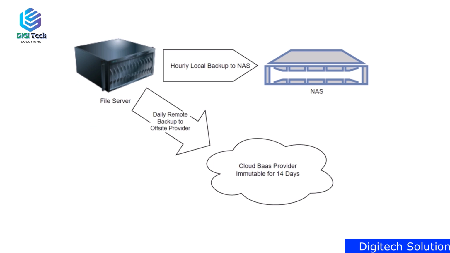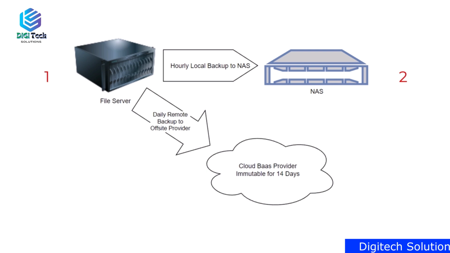You have a network attached storage device in your office, both connected to the same network, and every hour you're running some sort of backup software that copies the backups onto the NAS in an incremental fashion. We'll cover what incremental backups are in a later section, but for now, just understand that they're essentially backups that occur frequently and write the new data that has changed since the last backup.